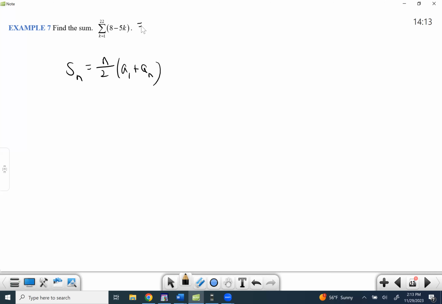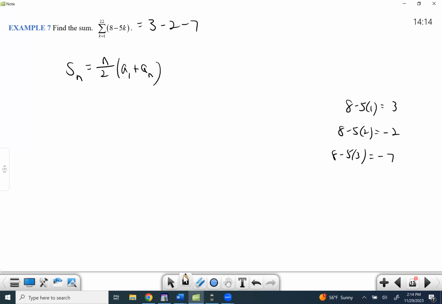You might say, okay, well, what happens when I substitute a 1 in, right? What happens when I substitute a 2 in? What happens when I substitute a 3 in? So 8 minus 5 is 3. 8 minus 10 is -2. And 8 minus 15 is -7. So these are the numbers in the series here.